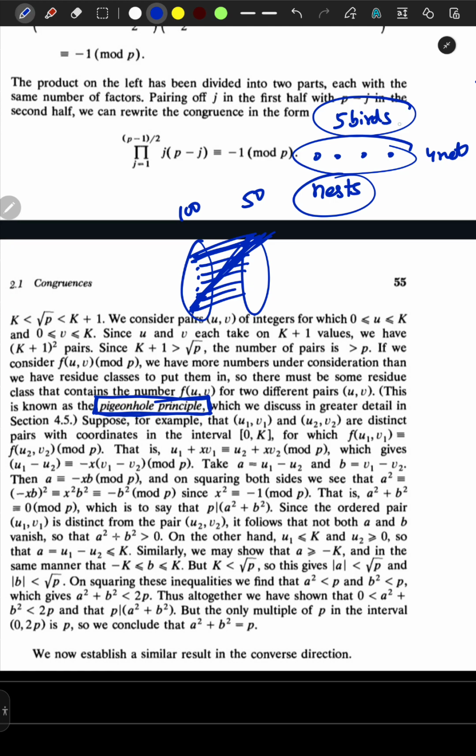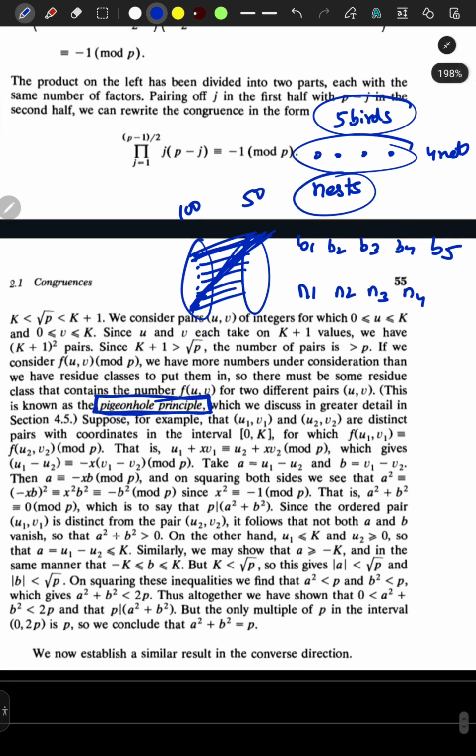No. Let's say N1, N2, N3, N4 and bird 1 to bird 5. If I keep one bird in each net, one will remain, so we need to forcefully put it in another net. This is called the pigeonhole principle. It is just common sense, written with a fancy name.